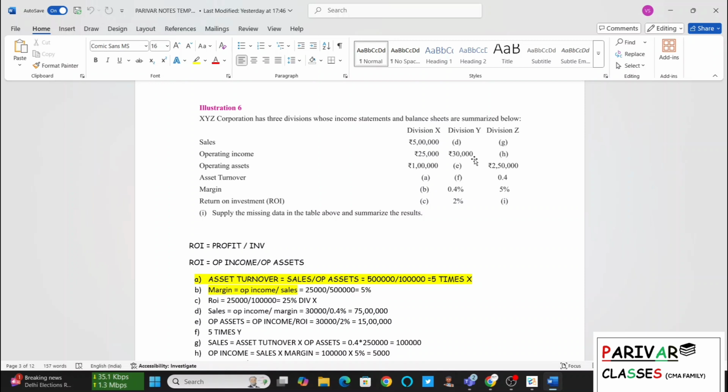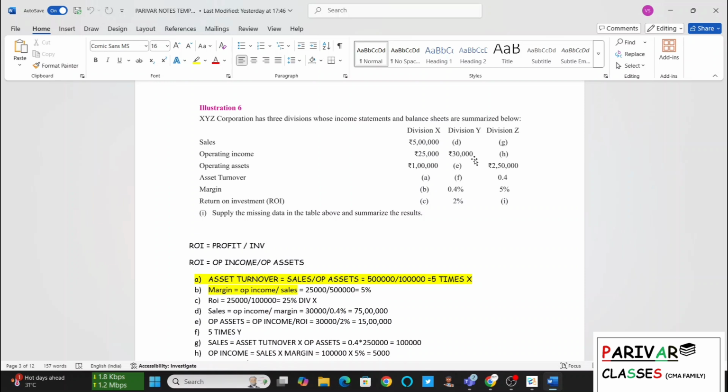Again, asset turnover ratio is missing, so we have to use ROI only. Taking operating assets to the left side, bringing ROI to the right side: operating income divided by ROI, 30,000 divided by 2 percentage is equal to 15 lakhs.